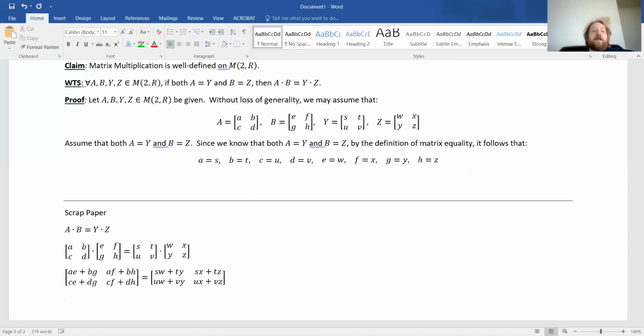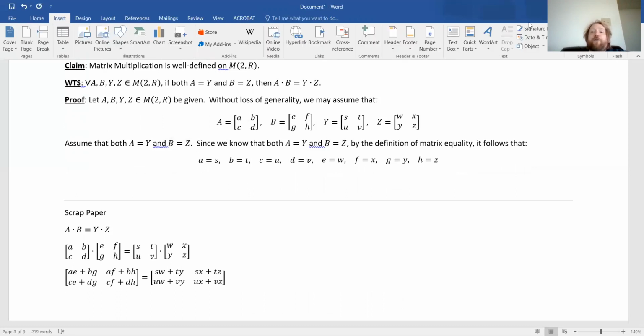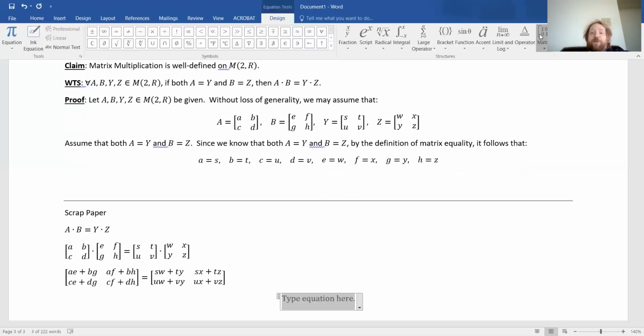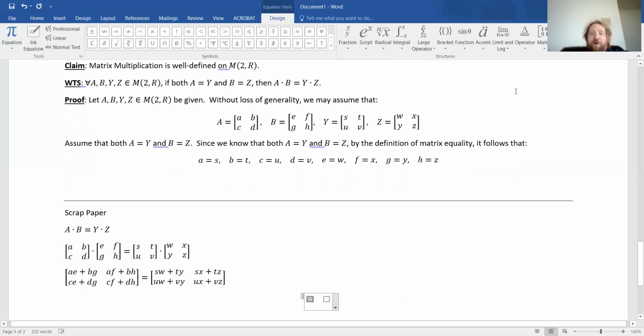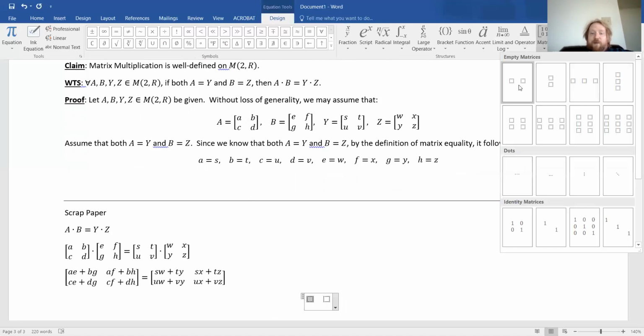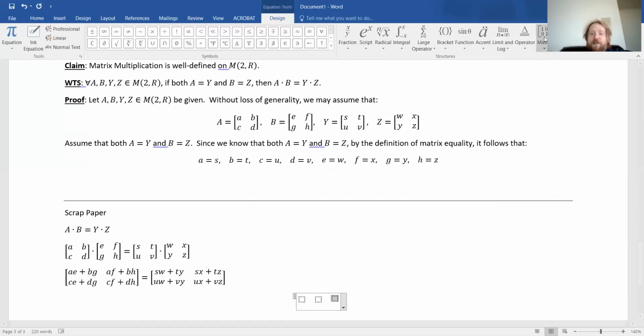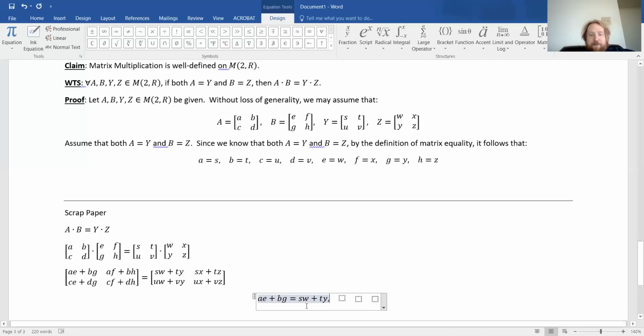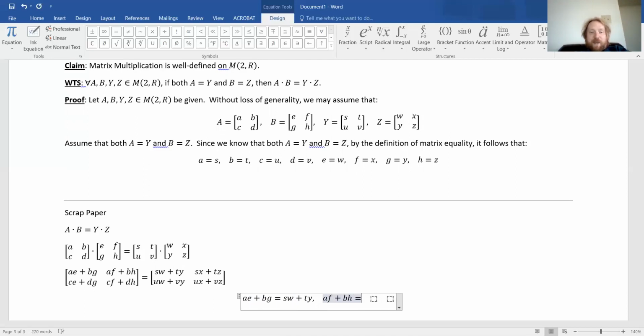Now, in order to show this, I have to show the four corresponding entries are equal to each other. So to show this, I need to show that AE plus BG equals SW plus TY. I need to show that AF plus BH equals SX plus TZ.